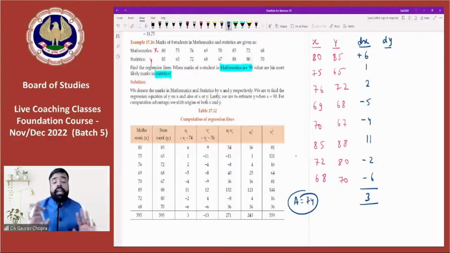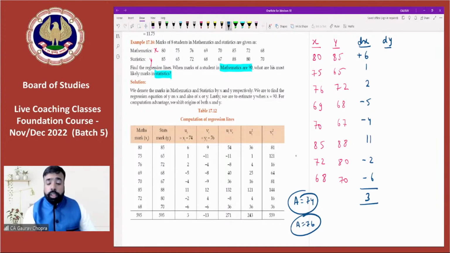Similarly, we can calculate dy. We can take any value, no restriction. You can take 80, 75, 79, 61, any value. From y, if we take 76, so now 85 minus 76 is 9, 65 minus 76 is minus 11, minus 4, then minus 8, minus 9, 12, 4, and minus 6.